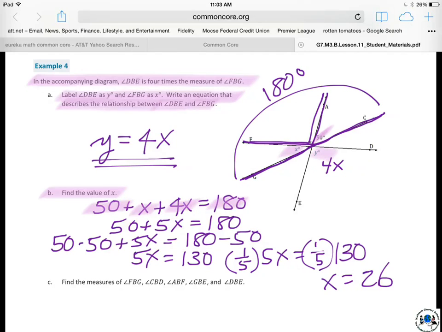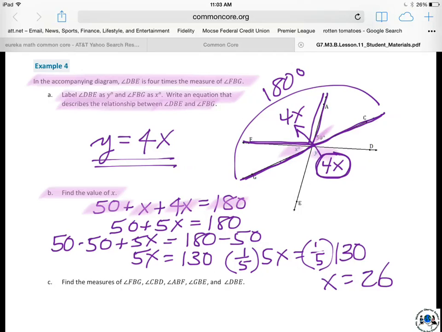And the reason I know to include 4x is because that is vertical to this other angle here. So I know that if this equals 4x, this is also going to equal 4x.